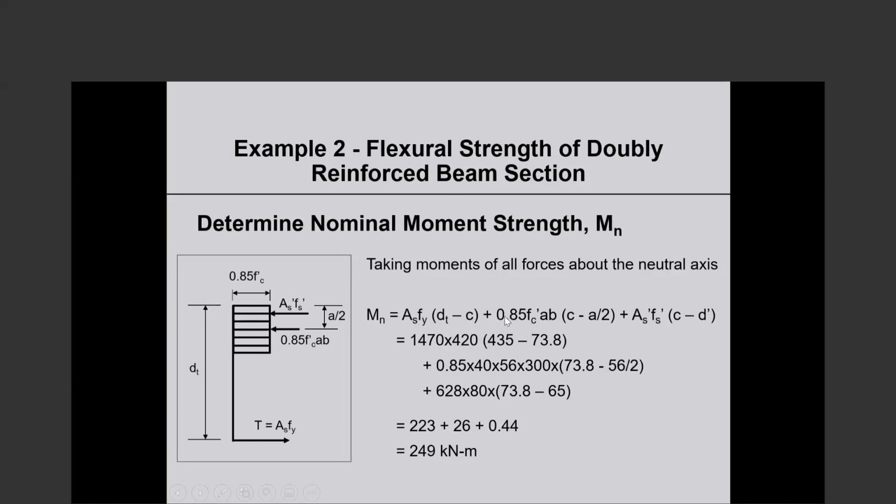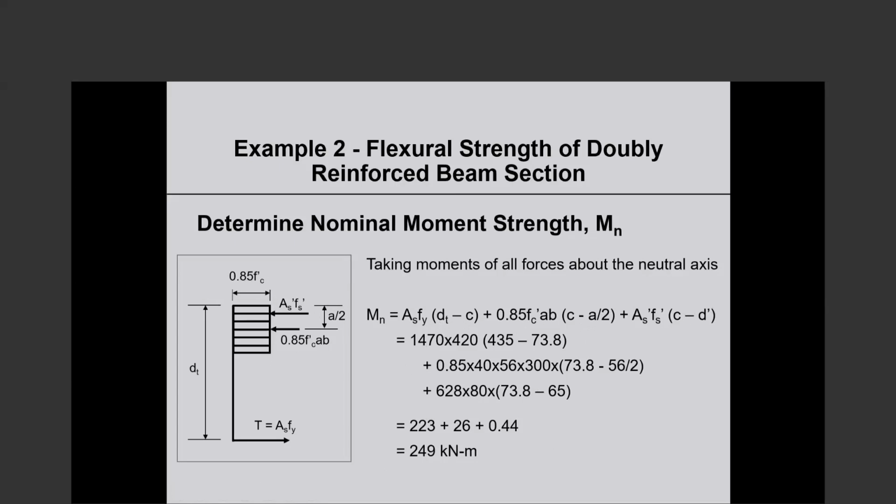This is the compression concrete force multiplied by the distance of this resultant force from the neutral axis, that would be c minus a by 2. Then the compressive steel force multiplied by its distance from the neutral axis, which would be c minus d prime. When we put all the numbers in, it comes out to 249 kilonewton meters.